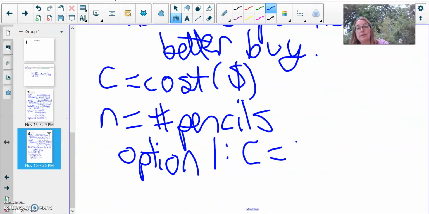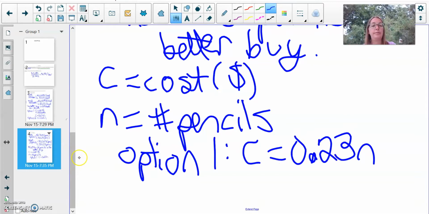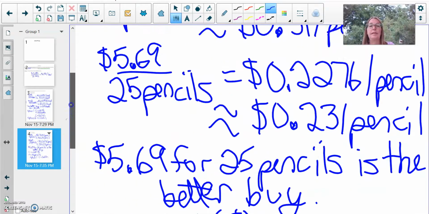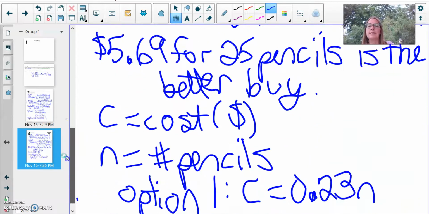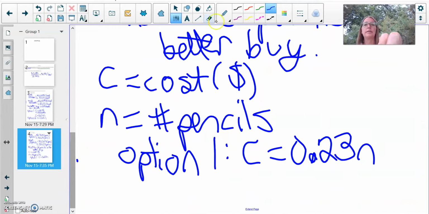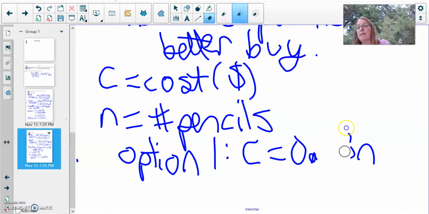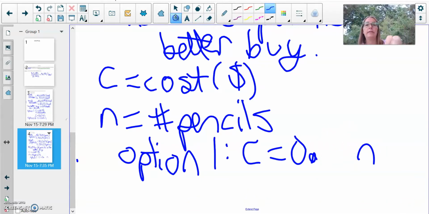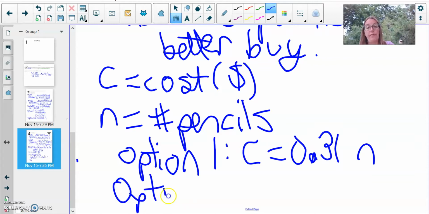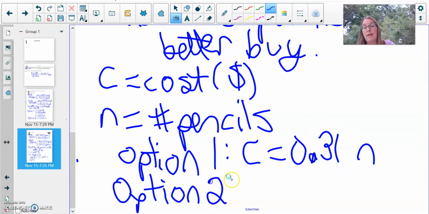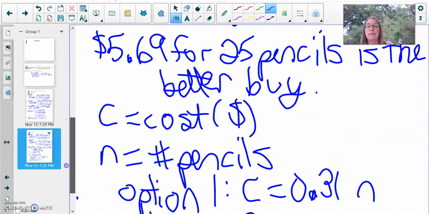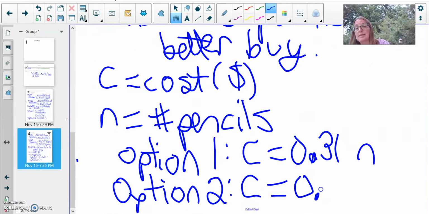So C equals 0.31 times N. And for option 2, my equation, C equals, and that was the 23 cents times the number of pencils, so C equals 0.23 times N.